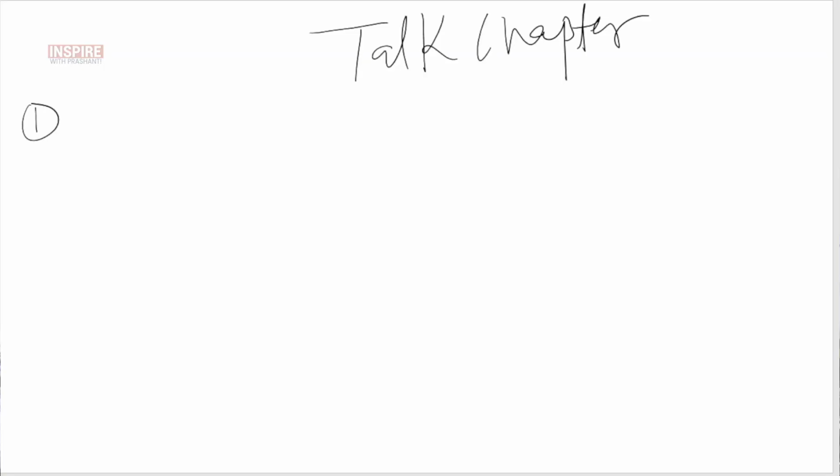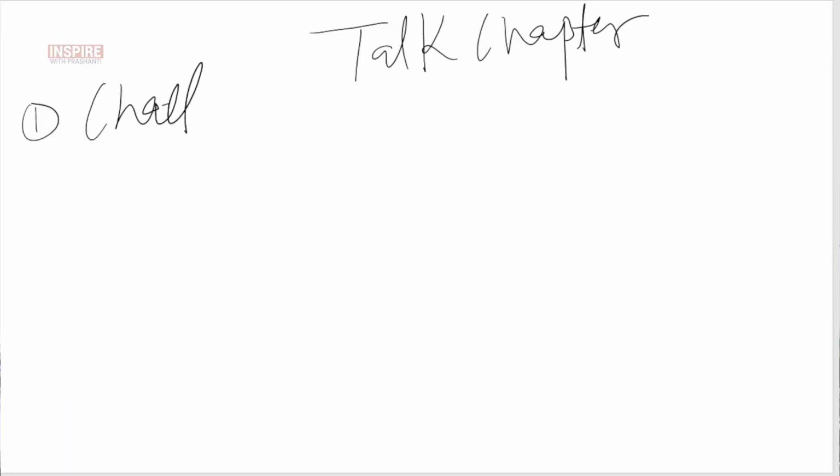So yes, you're right. First part of the talk chapter is for all those people who are chatterboxes, right? Who keep talking, difficult to shut their mouth. Such people, when we call them excessively talkative, we call them chatterboxes.